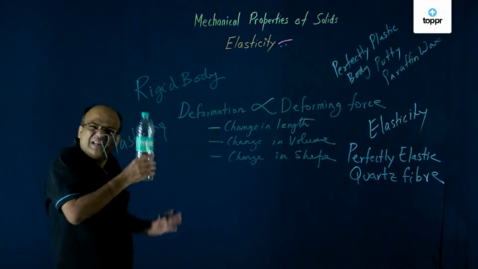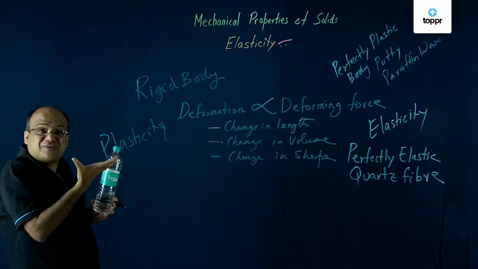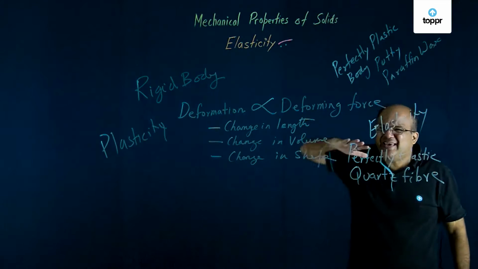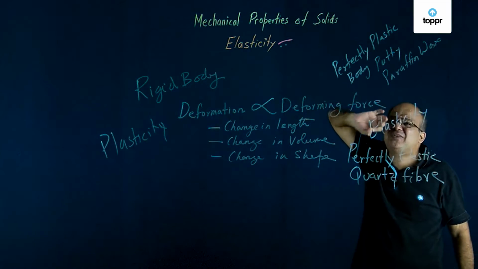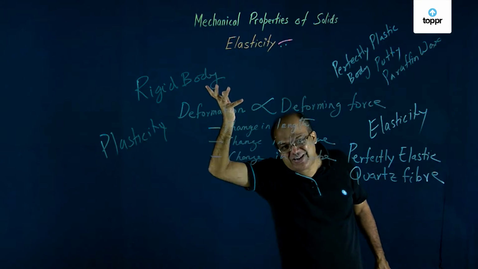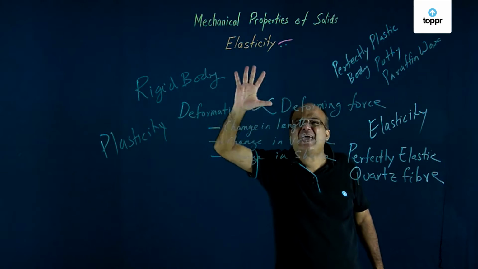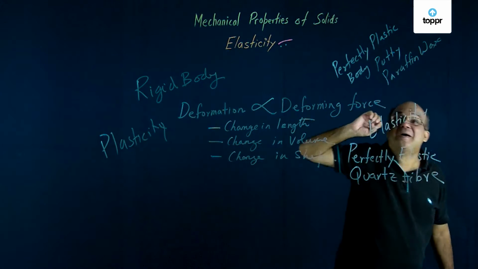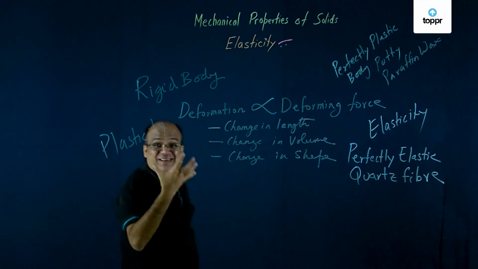These things remain in a deformed position even after the removal of the deforming force. In general, bodies will be neither perfectly plastic nor perfectly elastic. They will lie in between. And those bodies, we call them partially elastic bodies.